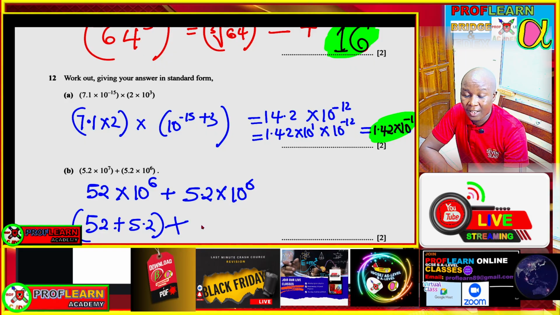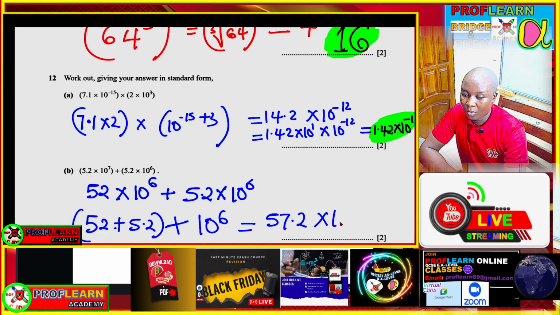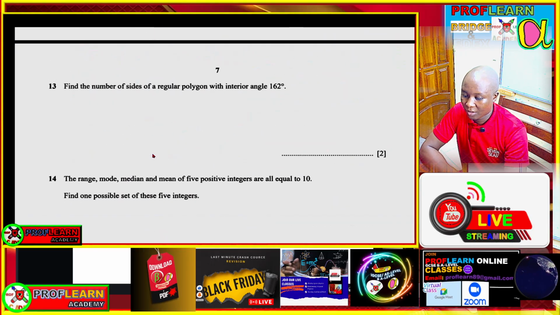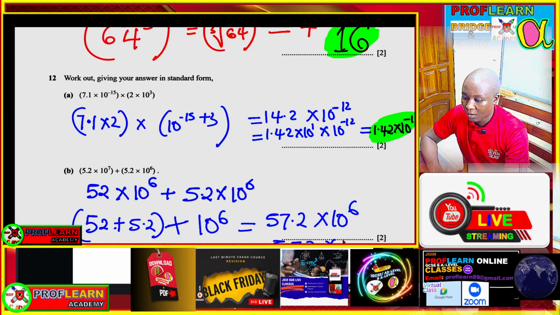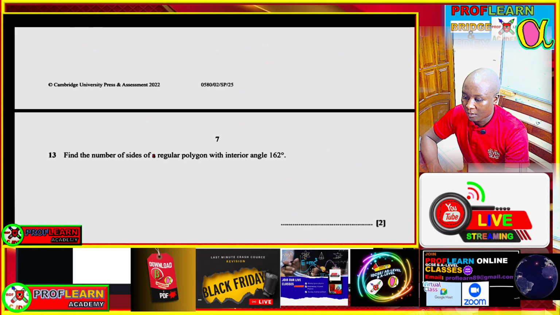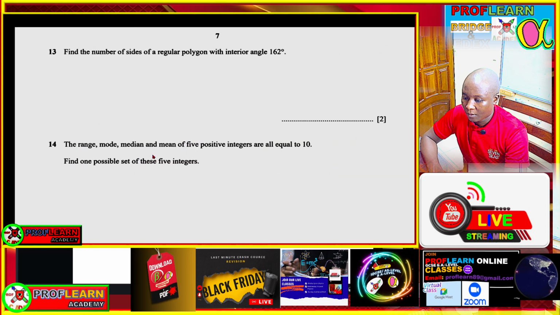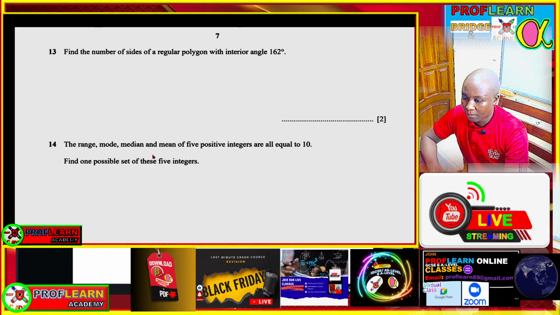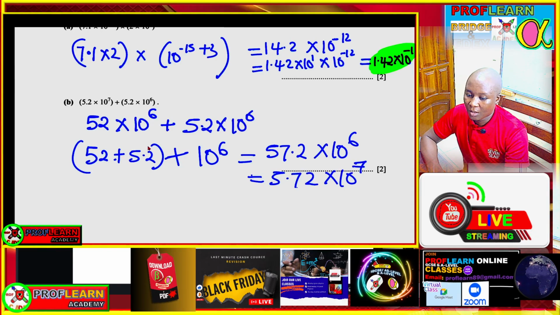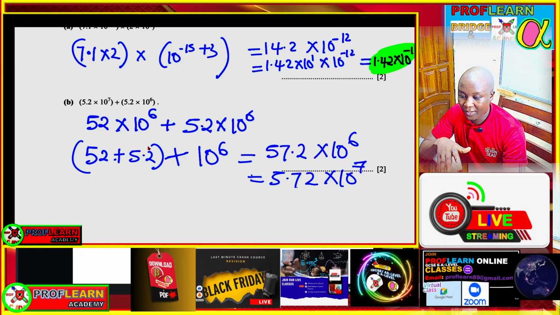And then thereafter, I can express back to standard form, which can be written as basically 5.72 times 10 raised to power 7 as the final answer.